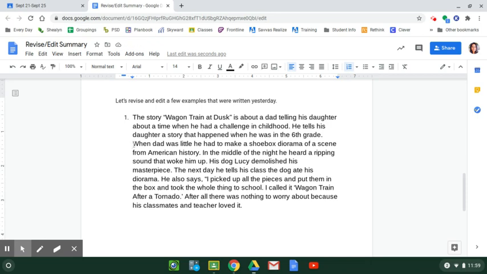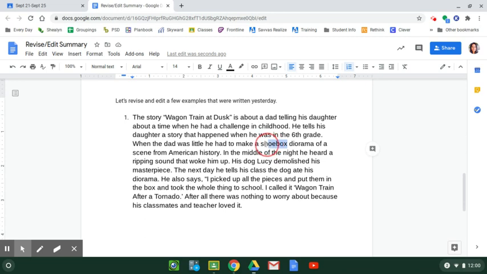When Dad was little, he had to make a shoebox diorama of a scene from American history. So we could say, when the dad was little, he had to make a shoebox diorama of a scene from American history.